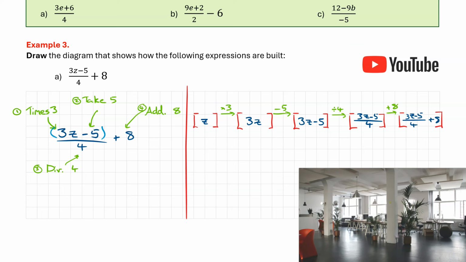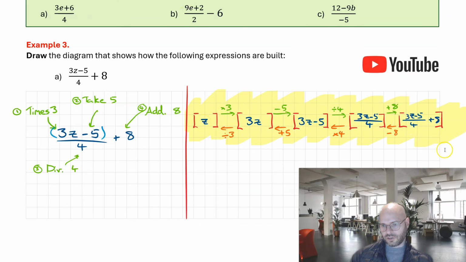Destructing this statement, rather than adding 8 we take 8, rather than dividing by 4 we times by 4, rather than taking 5 we add 5, and rather than timesing by 3 we divide by 3. And thus we conclude the construction of our flowchart.